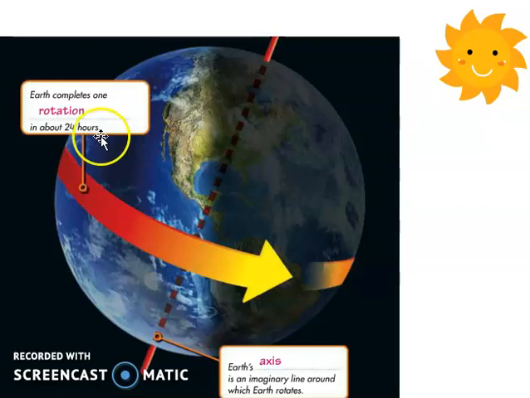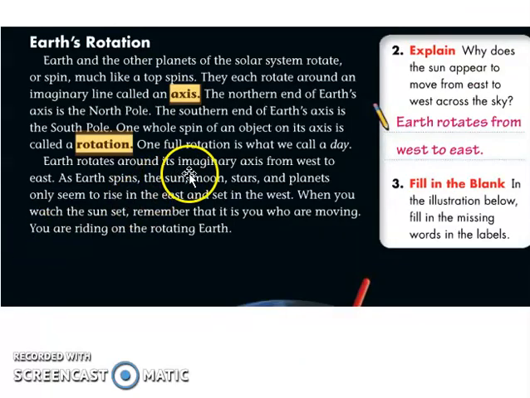How do we illustrate the movement of rotation? If you look at a spinner or a top, that is how rotation moves. It says here, one full rotation of Earth is equivalent to 1 day or 24 hours.